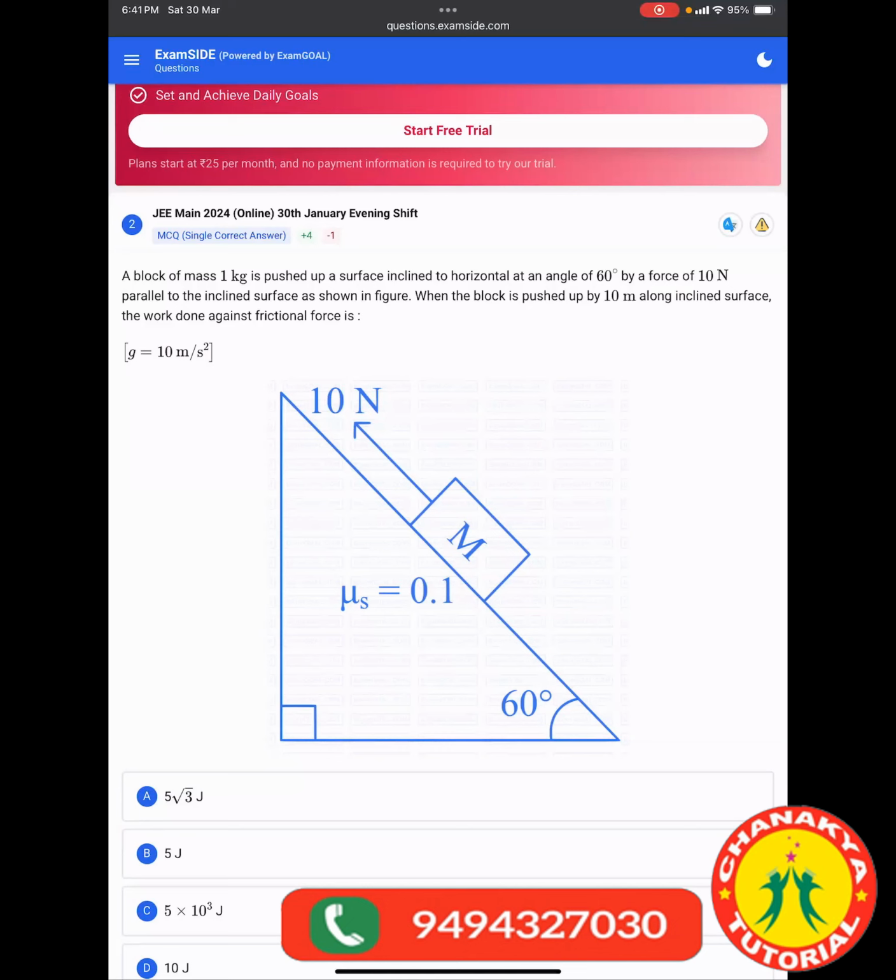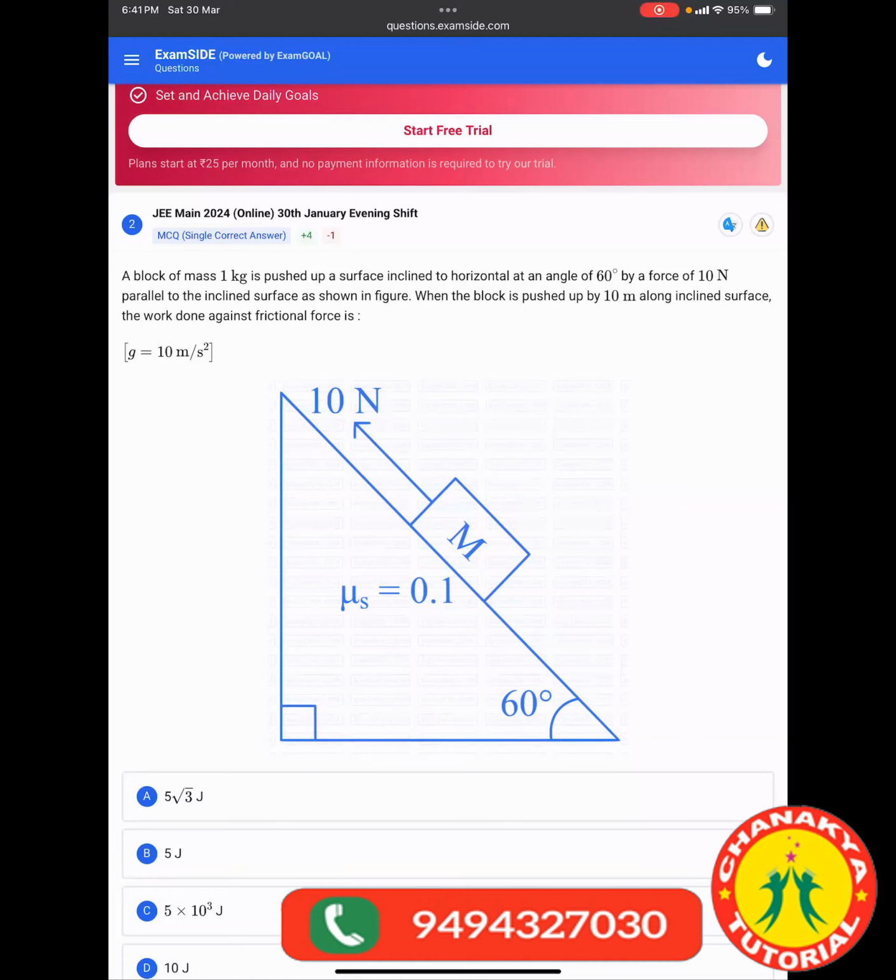Mass of block is given, break it into components mg sin theta and mg cos theta. And they have given one extra force of 10 Newton also. They are asking how much work is being done against the friction.